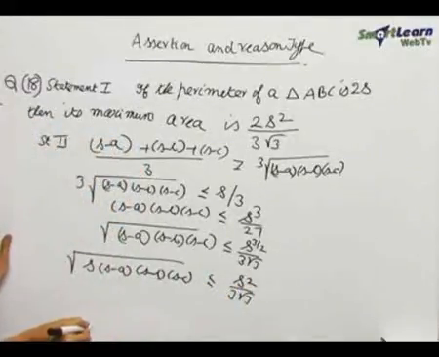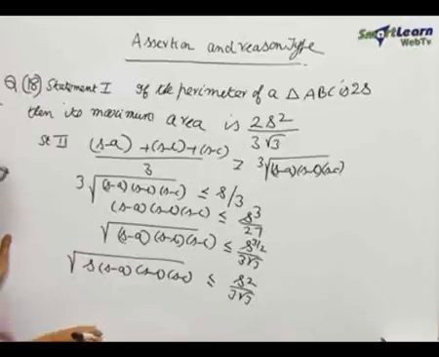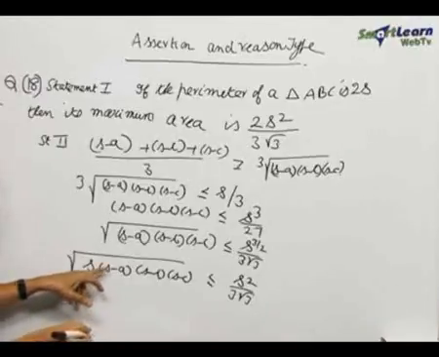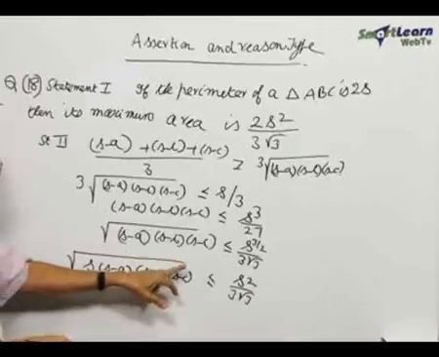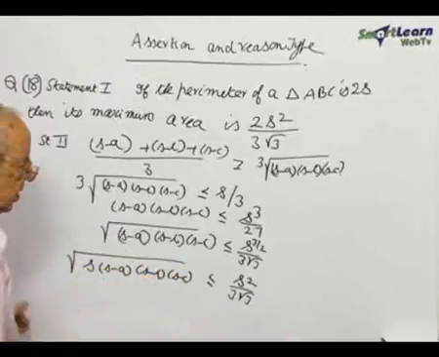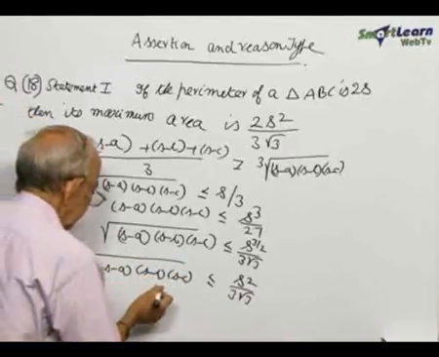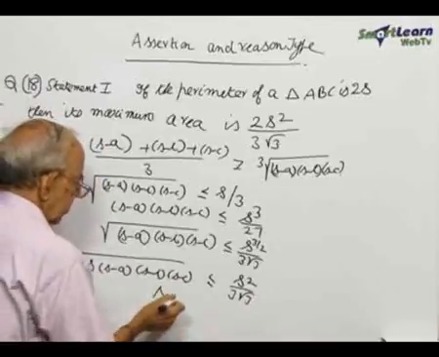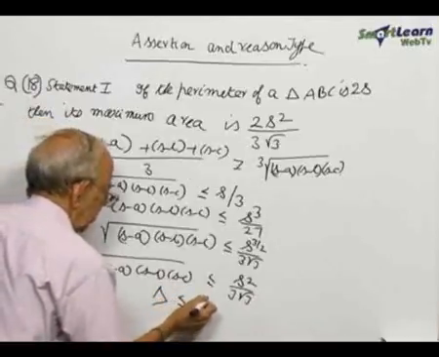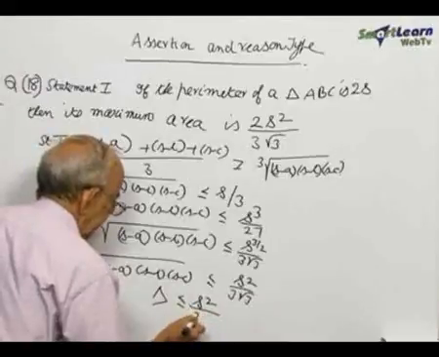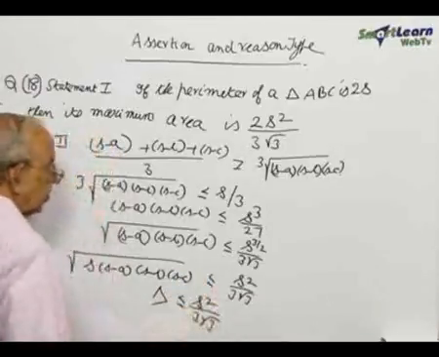You know the area of the triangle is given by the formula root of s into (s minus a) into (s minus b) into (s minus c). Therefore, delta is less than or equal to s squared by 3 root 3.